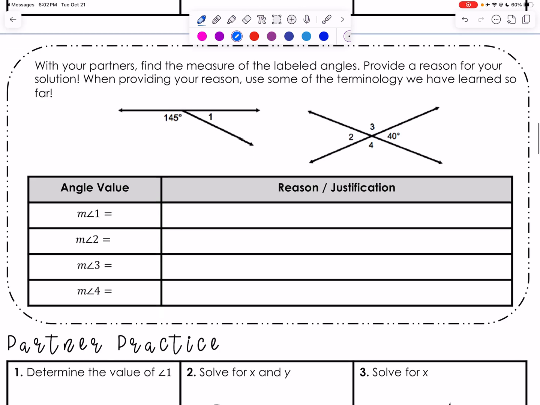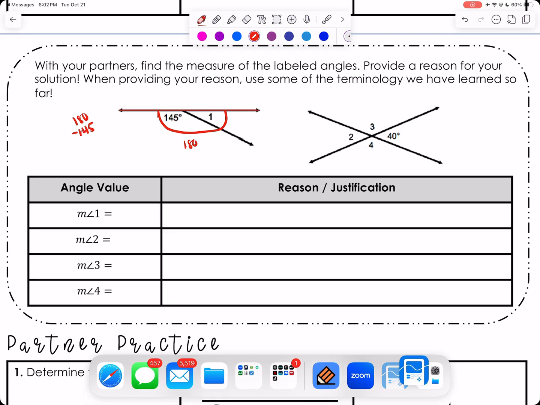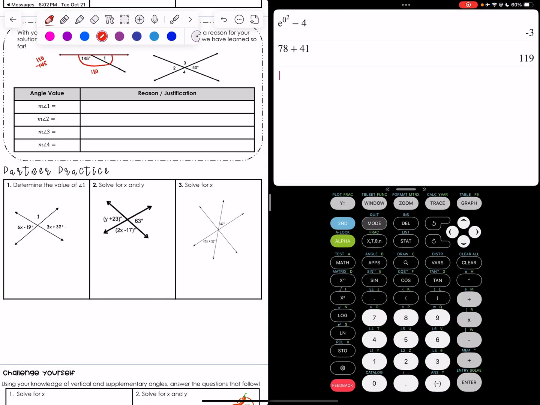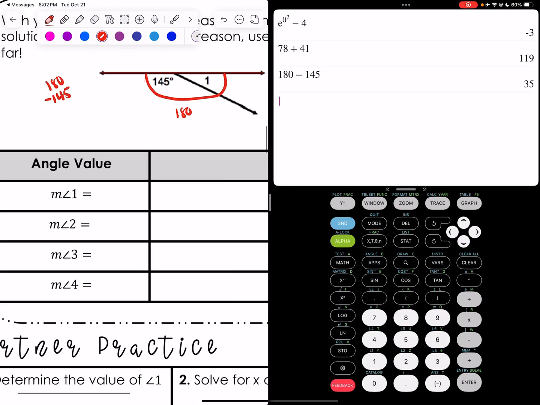So if I want to find the value of angle 1, I can use a strategy that I was going over a lot in the previous example, and that's about angles on the same line adding up to 180 degrees. So I can do 180 minus 145, and let's see what that is, because I'm not in the mood to do some mental math. So if I do 180 minus 145 and hit enter, I get 35 degrees.